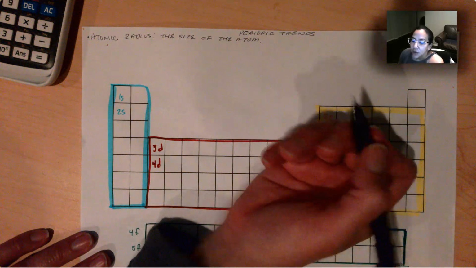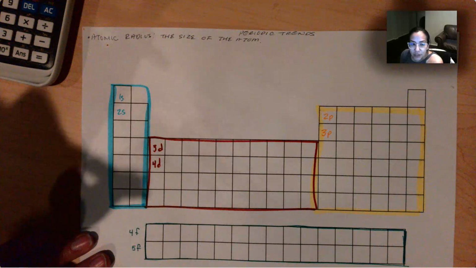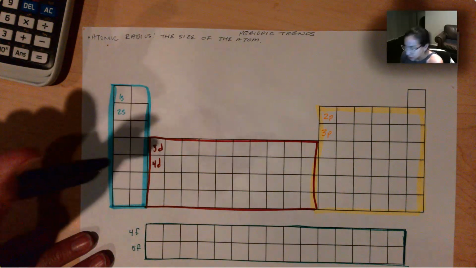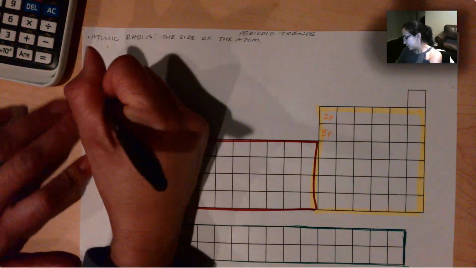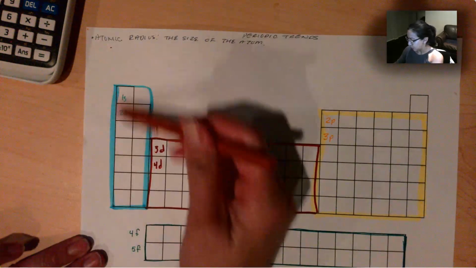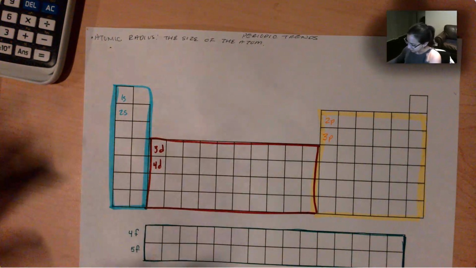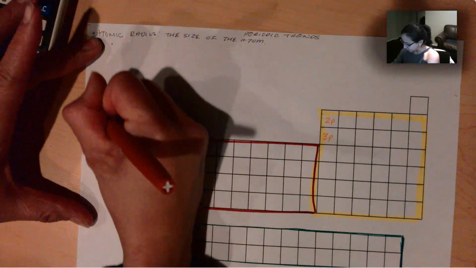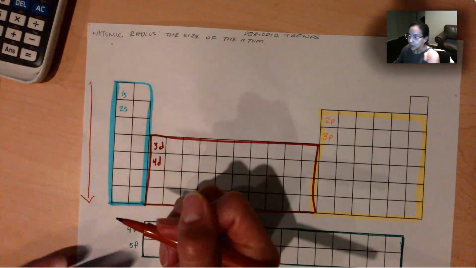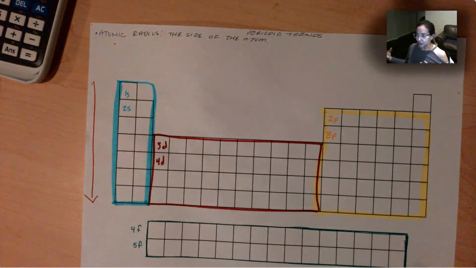All right, so what causes atomic radius to increase, and what causes it to decrease? First let's just figure out what the trend is. As we go down the periodic table, we're adding energy levels. And what do you think is going to happen as we add energy levels? Your atom is going to get bigger, therefore your atomic radius increases.